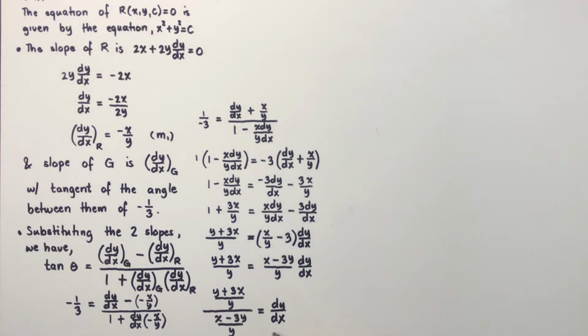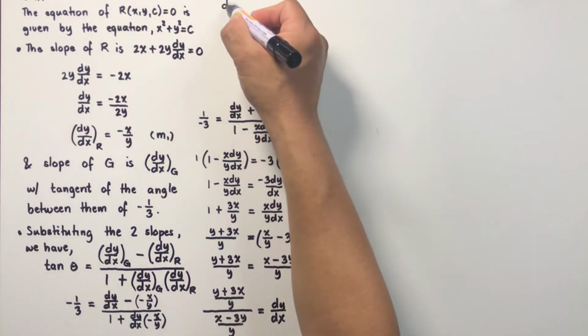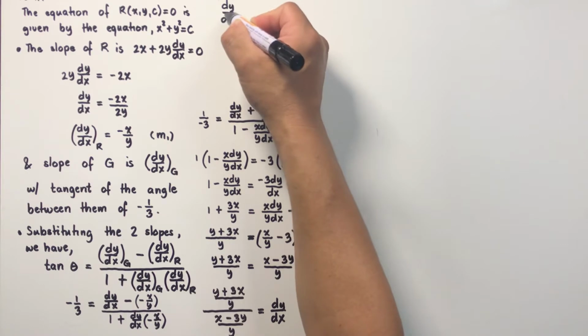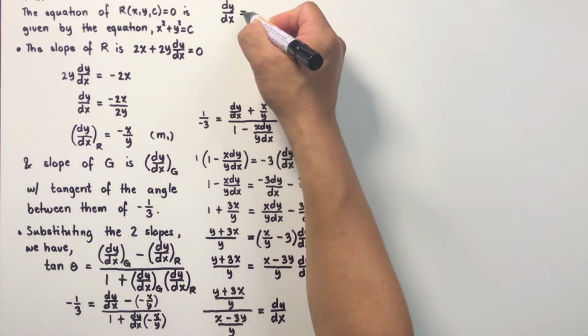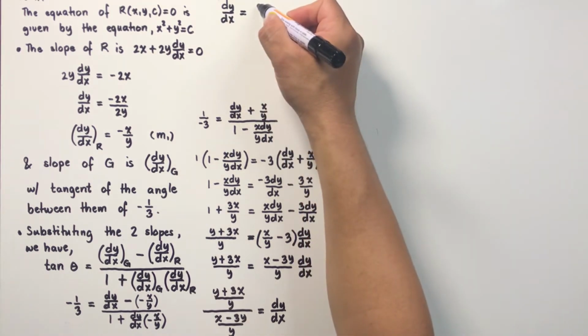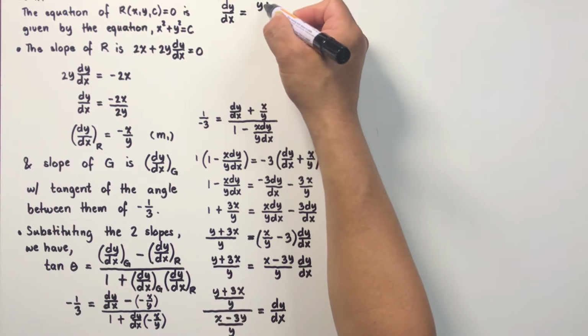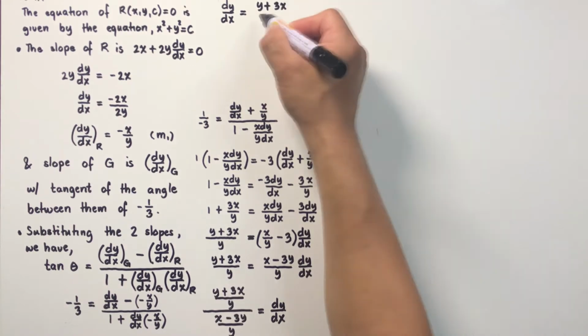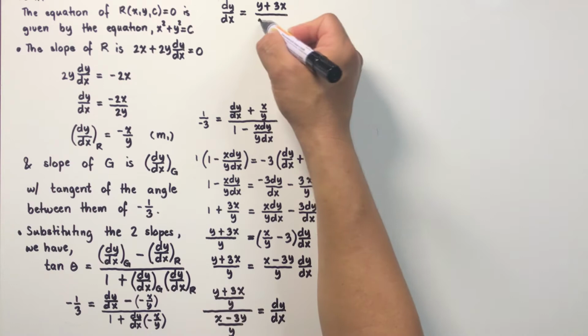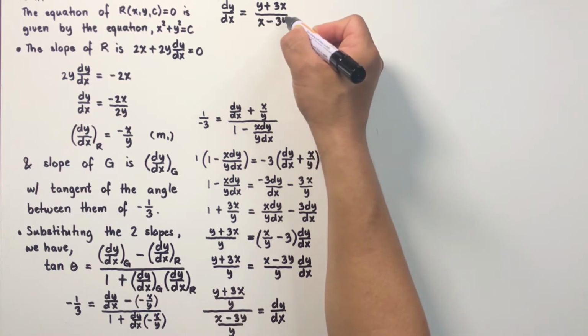So therefore, our derivative of y with respect to x, which is the slope of the unknown orthogonal trajectories, is (y plus 3x) over (x minus 3y).